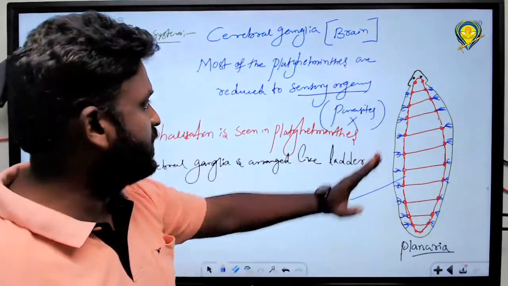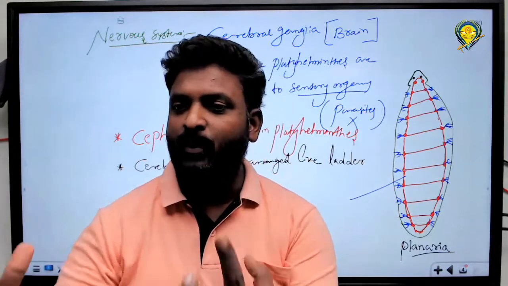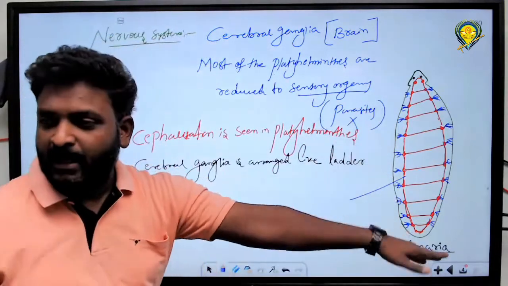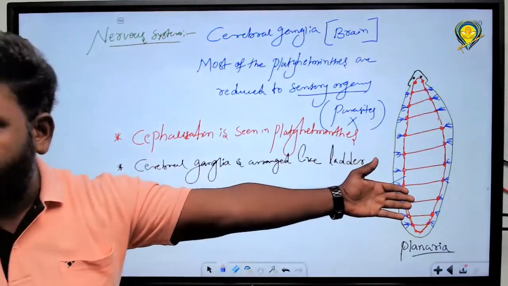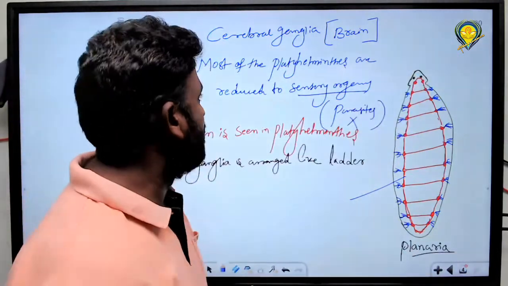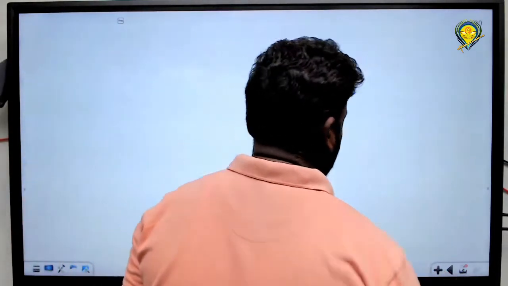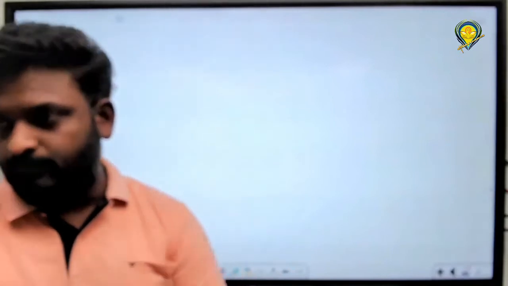This is the arrangement of the nervous system in Platyhelminthes. I hope you understood all of it. This is the nervous system of planaria.